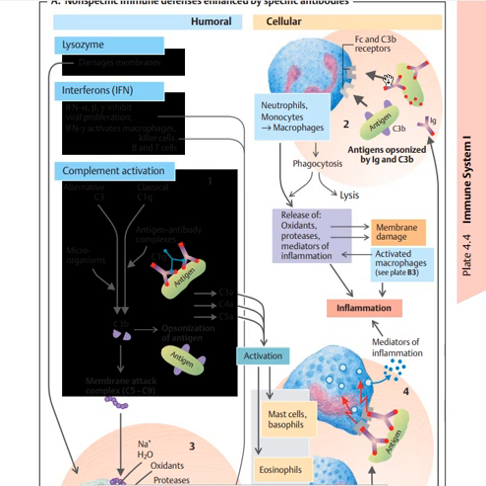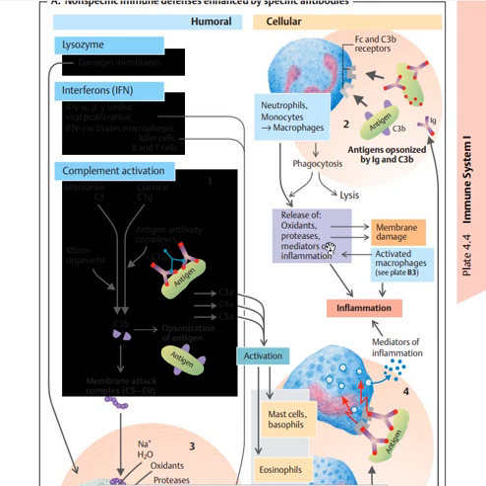For the cellular immune response, at this position we have antigens which are already bound to antibodies, or to the C3b complement factor. When it binds like that, you can have phagocytosis.